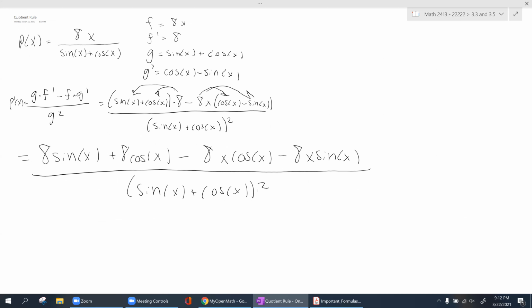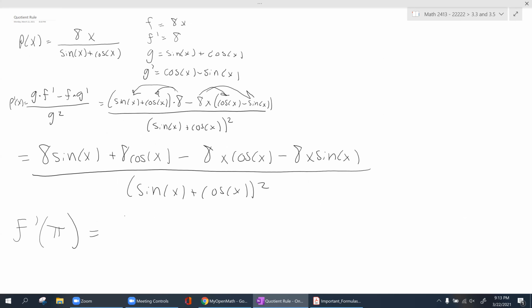If for some reason I were to say, hey, I want you to find f prime for x equals pi, that means for every x, you're going to have to plug in pi, and then we need to remember our trig identities. Well, what is sine at pi? What is cosine at pi?